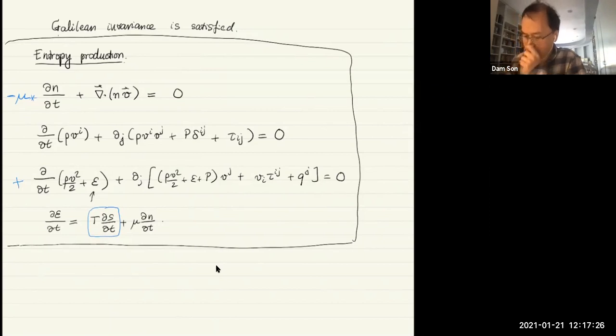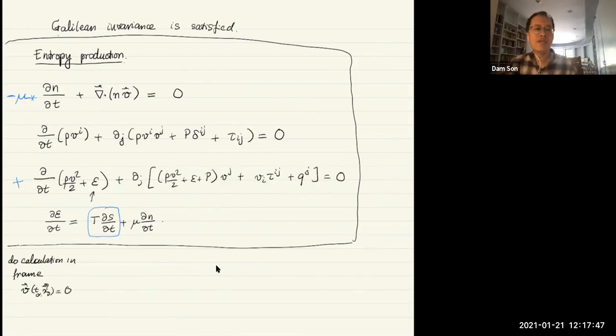We do the calculation in the frame where the velocity at our given point in x and time is 0.